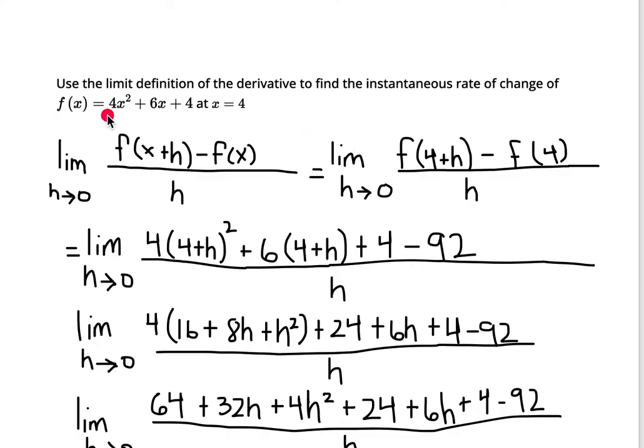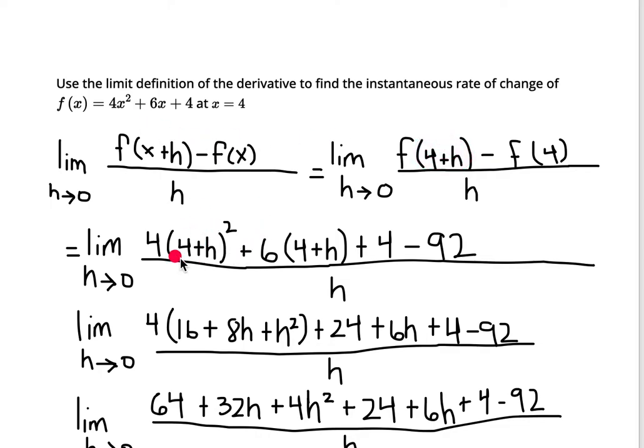So in our function here, in our quadratic, anywhere that I see x, I have to substitute and evaluate 4 plus h. I'm going to plug that in for x here and here. So I have 4 times 4 plus h squared, because I'm substituting this in for my x.